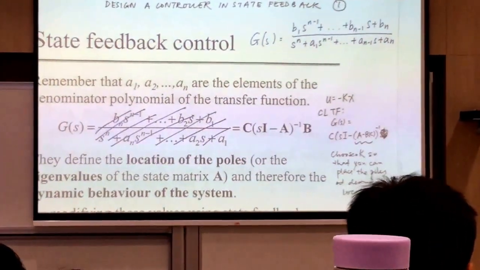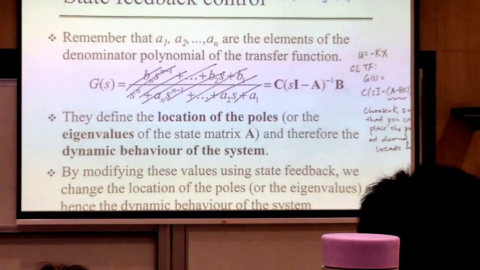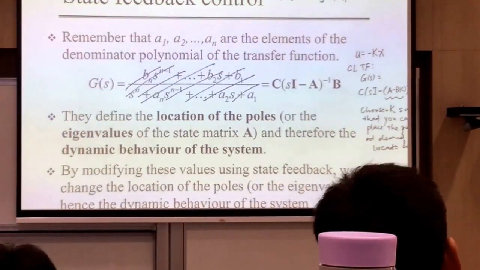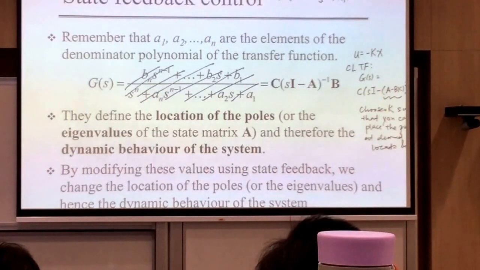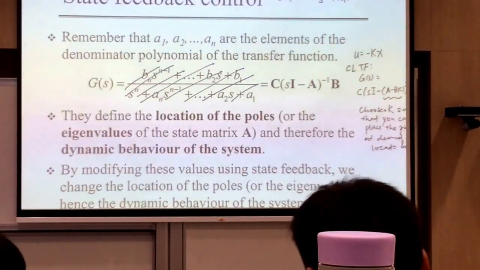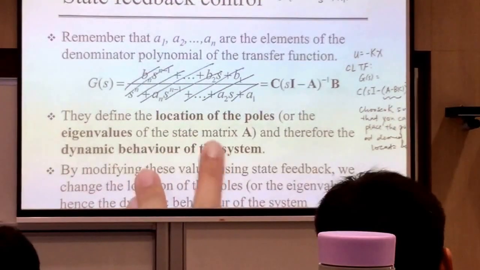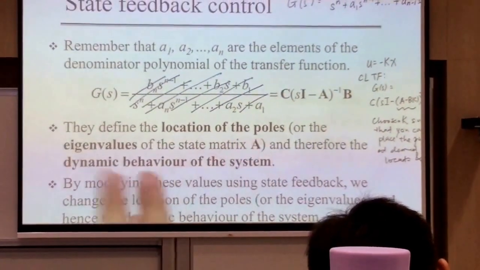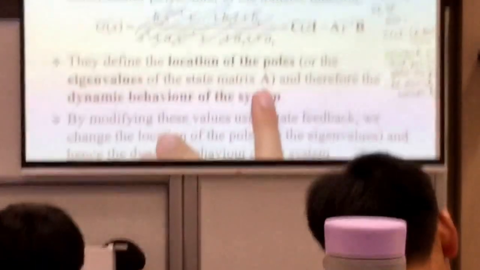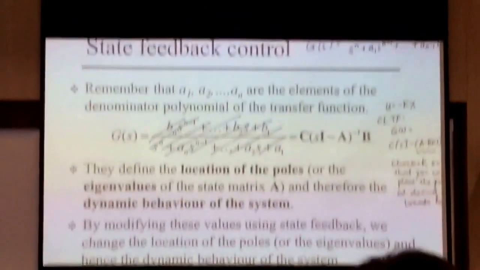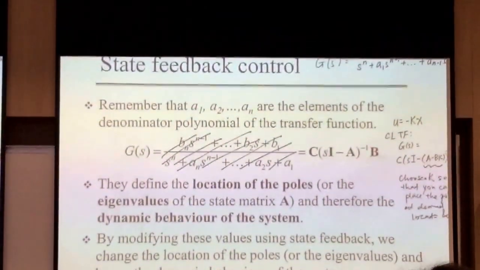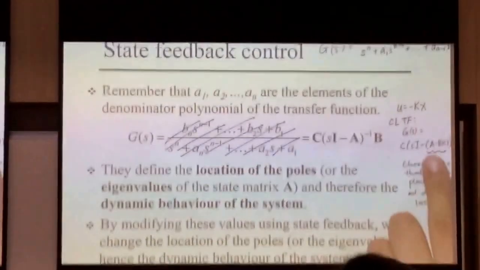The answer we are looking for is that by state feedback control, we move the location of the poles, or the eigenvalues of the state matrix A, which defines the dynamic behavior of the system, to the eigenvalues of the matrix A minus BK.